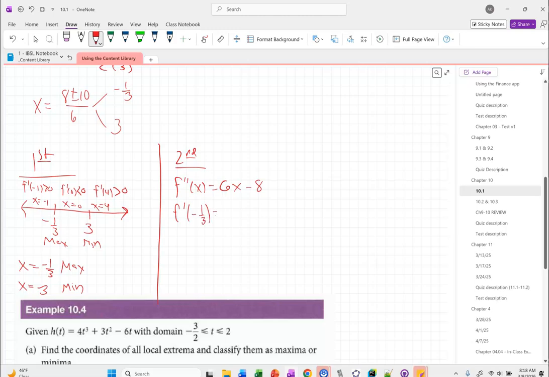That's going to be -2 minus 8, which is -10. That's less than 0, so that's a max. And we do the same thing for 3, so that's 18 minus 8. That's positive 10, greater than 0, so that's a min.